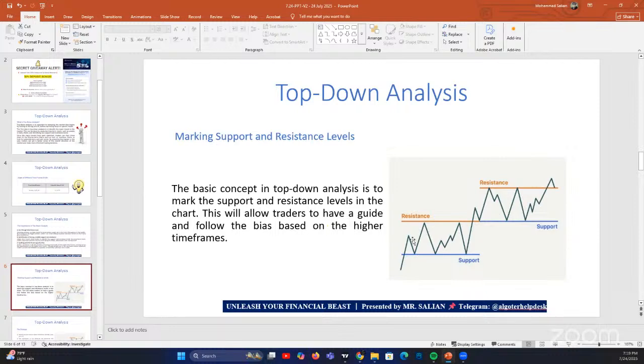Just like this, for example, you find this elbow here, that A level, that's already a resistance. And then price went down and bounced there twice. So that's the support, so you mark that already. Now you have the guide here for when to buy and when to sell.